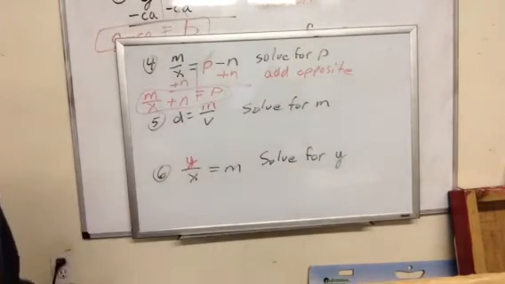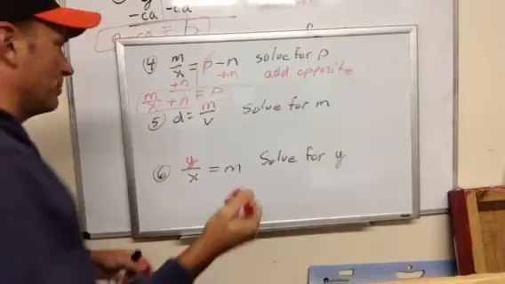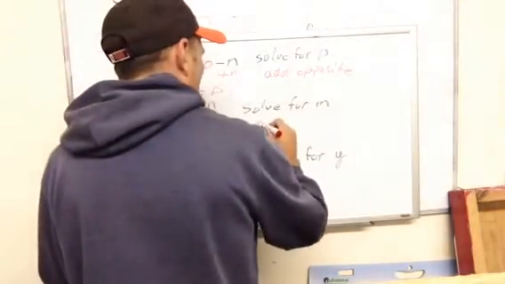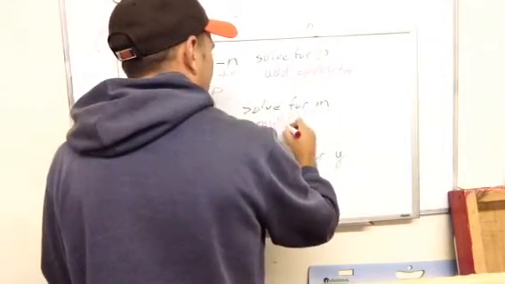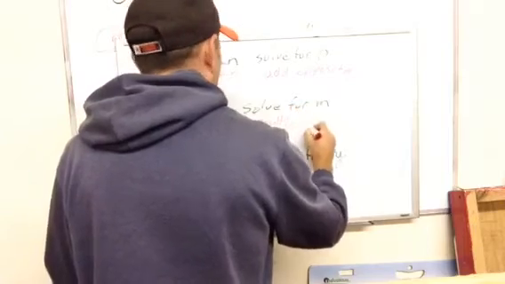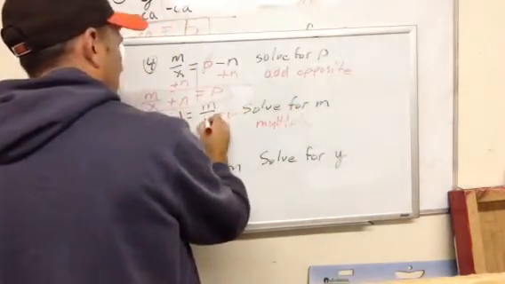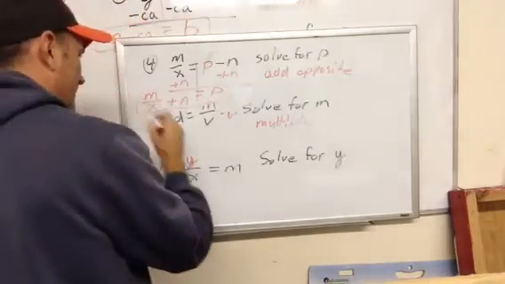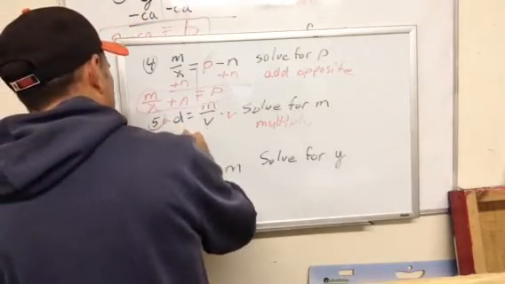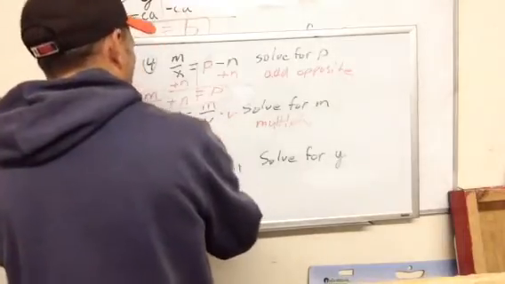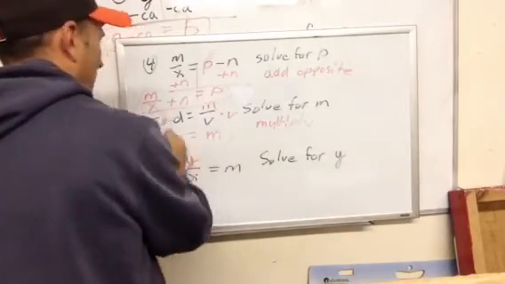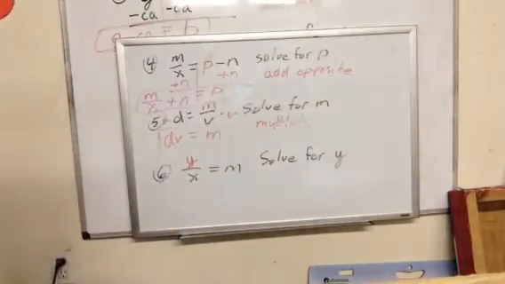Now what's the opposite of division? Multiply. We want to multiply both sides by v. These v's cancel, and we're left with d times v equals m. We got m all by itself.